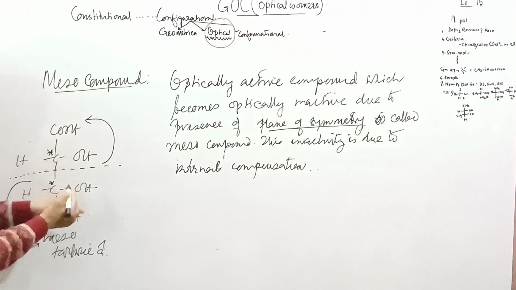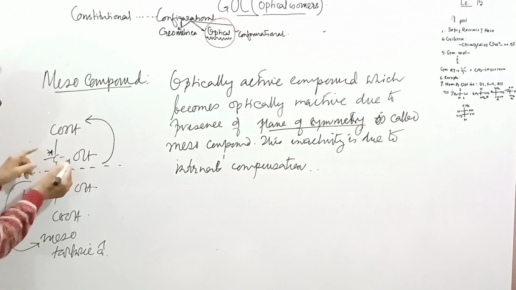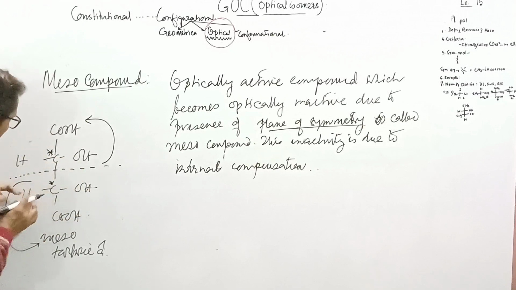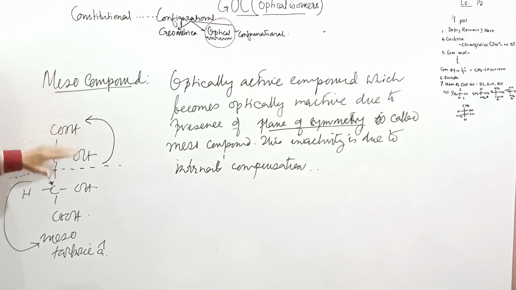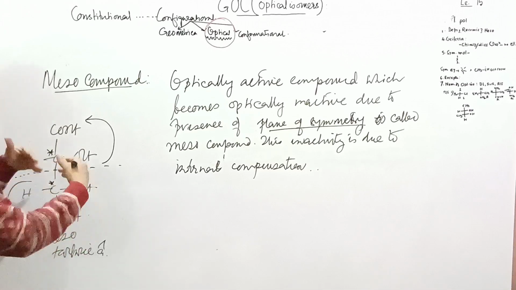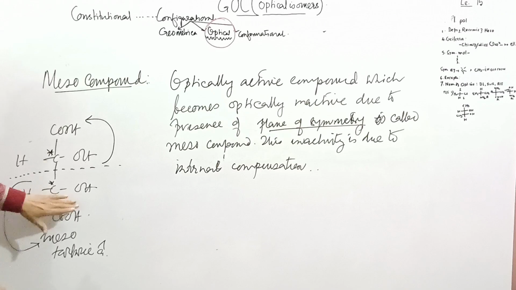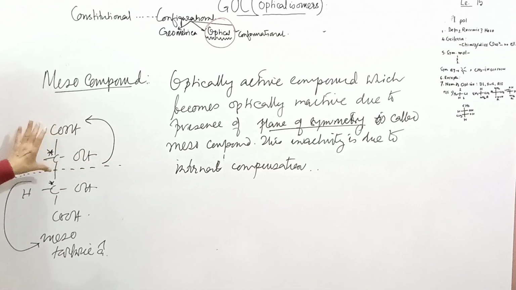Mind that for another structure of this compound, keeping this one fixed, if you change OH here and H here, that time it will be optically active, because you can't draw a line which divides this structure into two equal halves so that one half exactly fits over the other. Again we can fix the second one and change OH and H here, and that compound will also be optically active.